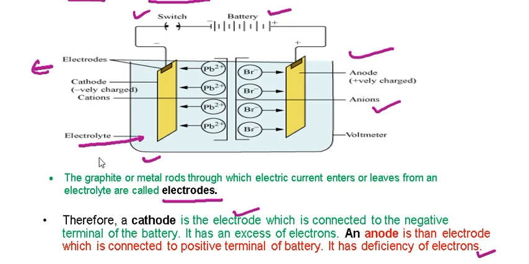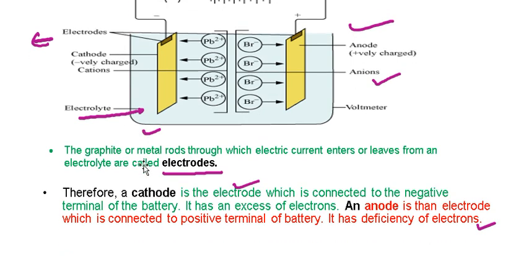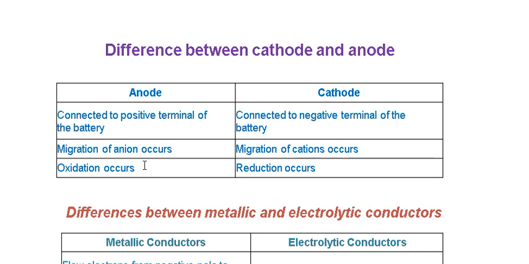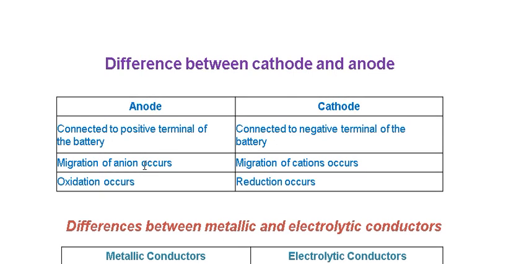Obviously it is a positive terminal, and here we can observe it has no more electrons. That is, it has a deficiency of electrons. Now come to the next slide to understand what is the difference between the cathode and anode.